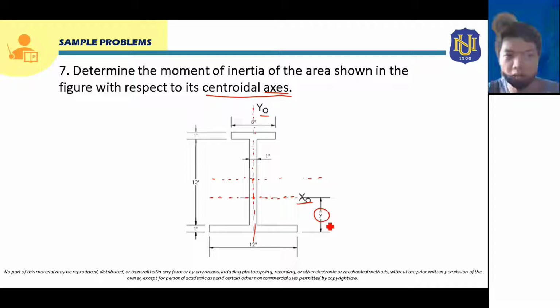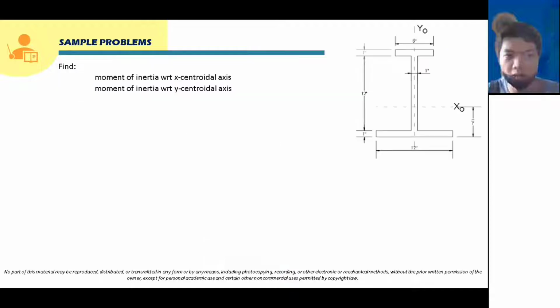To determine this y bar, this is just the y coordinate of the centroid of this composite area. So we have to determine that first. We're just going to apply what we learned in determining the centroid of a composite figure. We will use our formula for the x or y coordinate of the centroid.